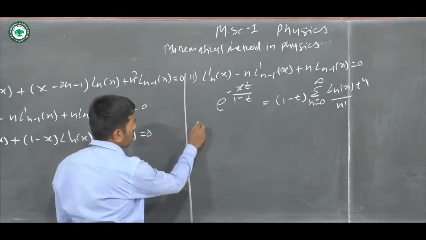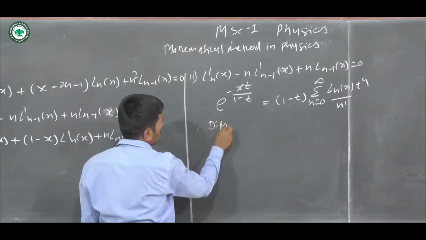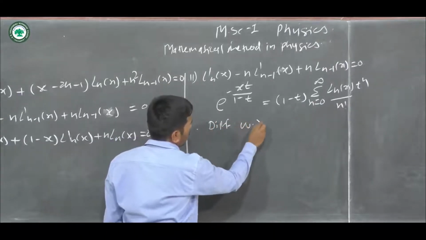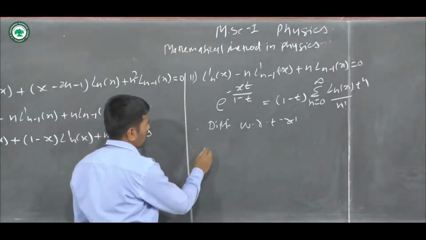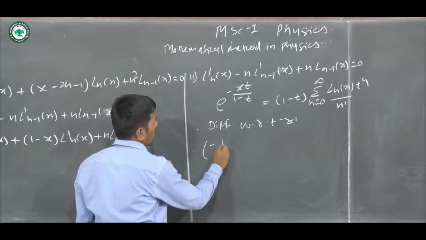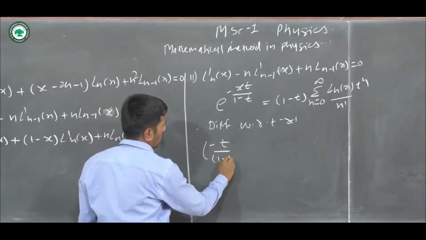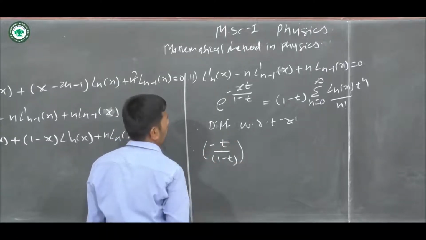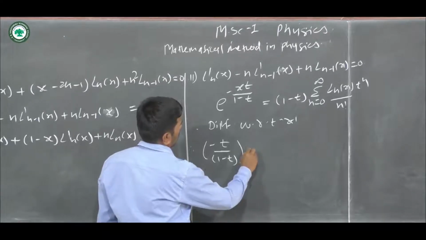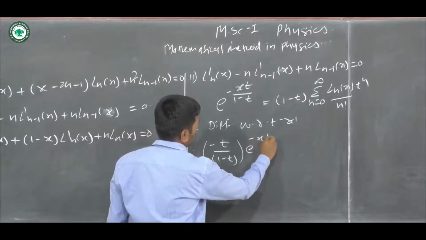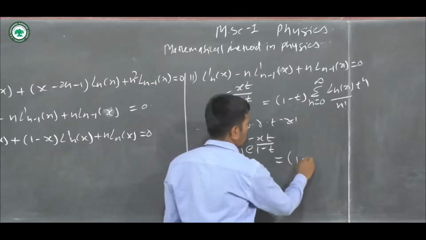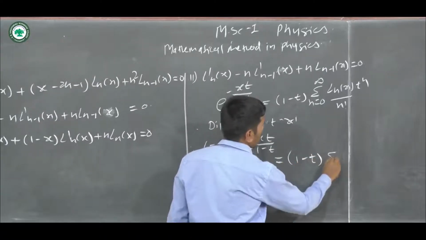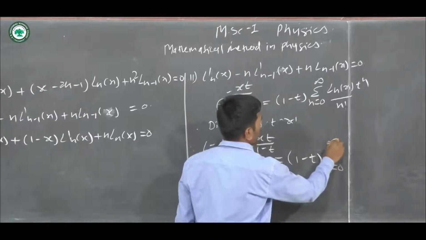Now if I differentiate with respect to x, then we get minus t by 1 minus t e raised to minus xt divided by 1 minus t is equal to 1 minus t, summation over n equal to 0 to infinity.